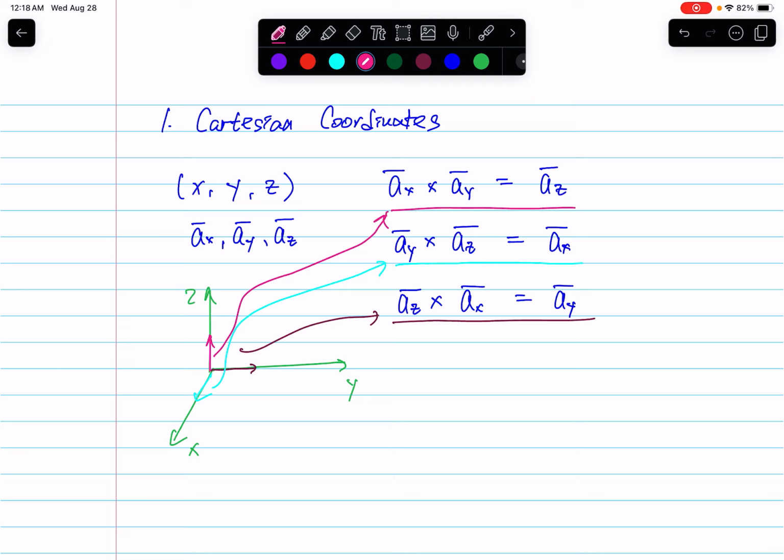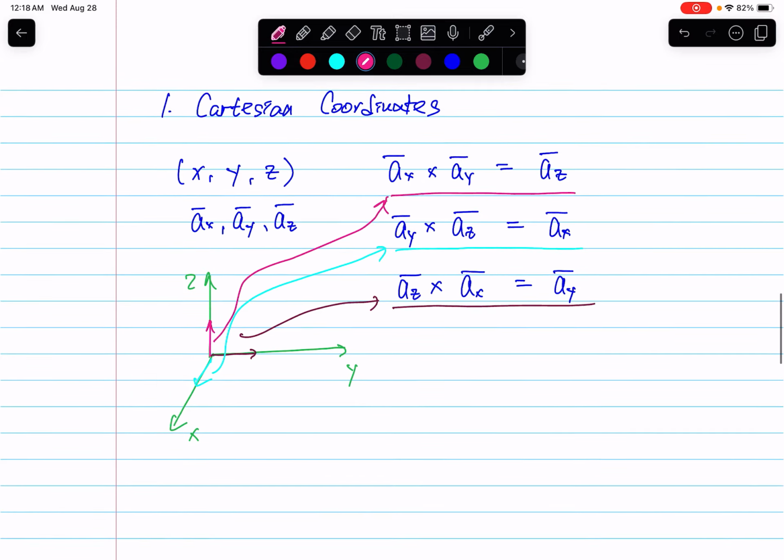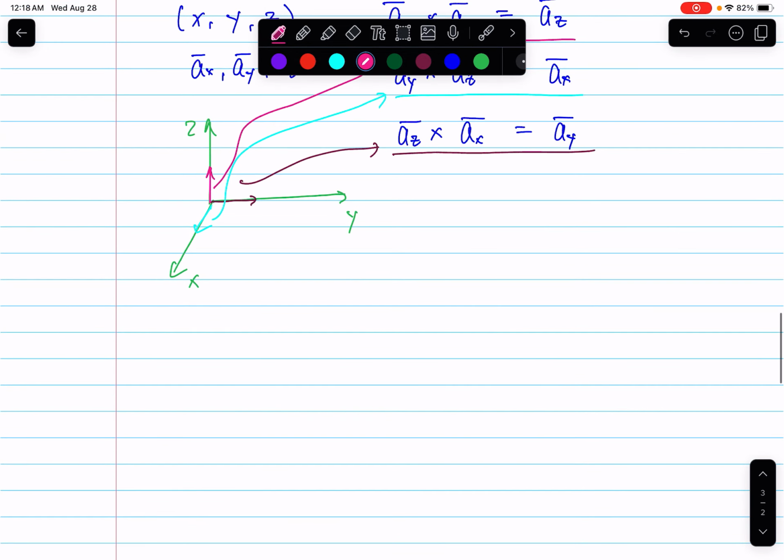And so if we're going to express any vector in this Cartesian coordinate system, let's say you have vector A, it's going to be AX, lowercase ax, plus AY, ay, plus AZ, lowercase az.